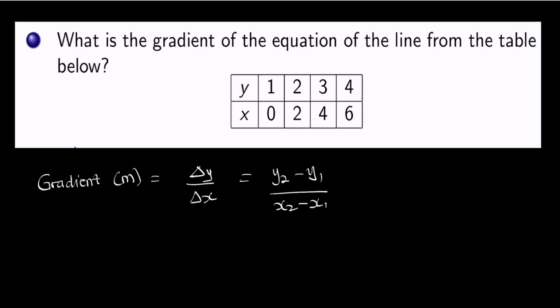Let's choose the point 1 as y1. So y1 is equal to 1, which implies that x1 will be equal to 0. Then let's choose the point 4 to be our y2, so y2 is equal to 4, which implies that x2 should be equal to 6.